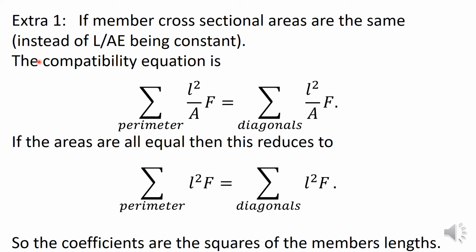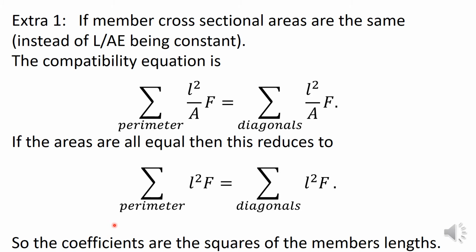Well, in that case, the compatibility equation, which can be written in this form, would reduce to this form, because the areas are all equal. So in each term we can take out 1 over the area as a common factor and cancel on both sides, and the compatibility equation would reduce to this form.